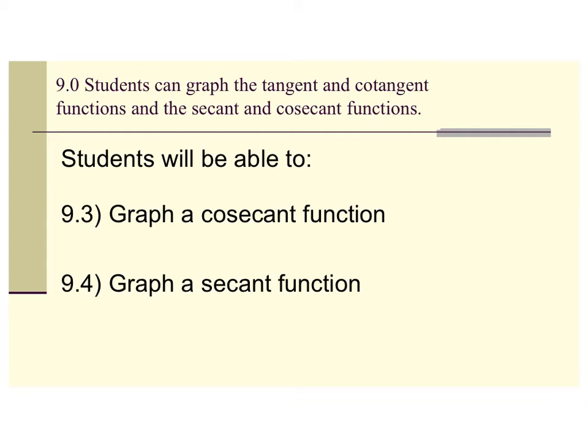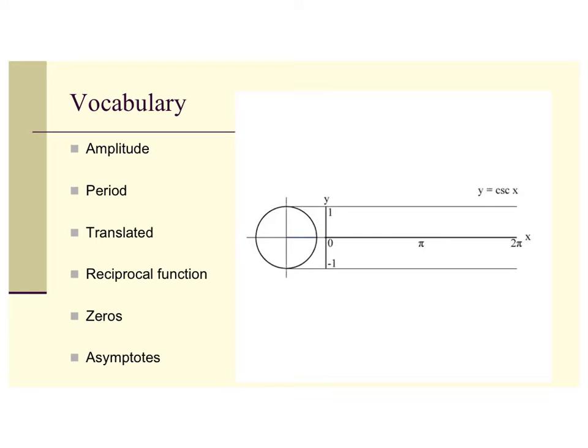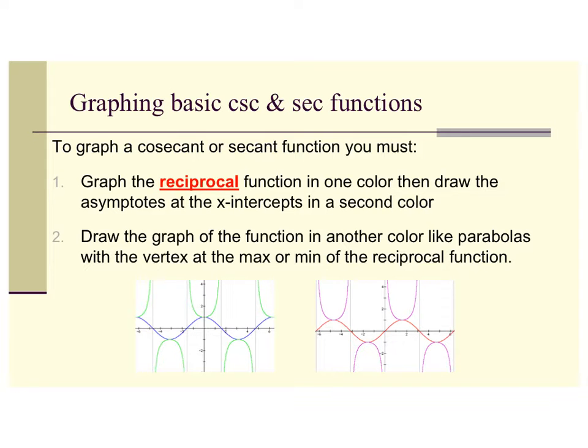All right, now we're graphing secant and cosecant. Again, we have amplitude, period. We're going to talk about translations. This is a reciprocal function. We've discussed that before, zeros, and now we get asymptotes. To graph a cosecant or secant function, you must graph the reciprocal function.